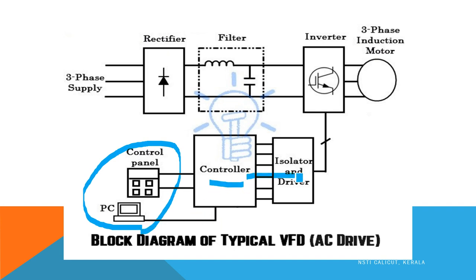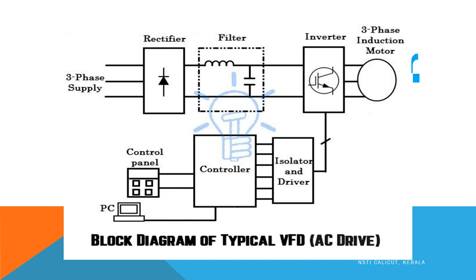It will give control signals to the driver, and the driver will give suitable signals to the switch, and this switch will invert DC to AC, varying frequency and voltage together, so that we get speed control as well as torque control.